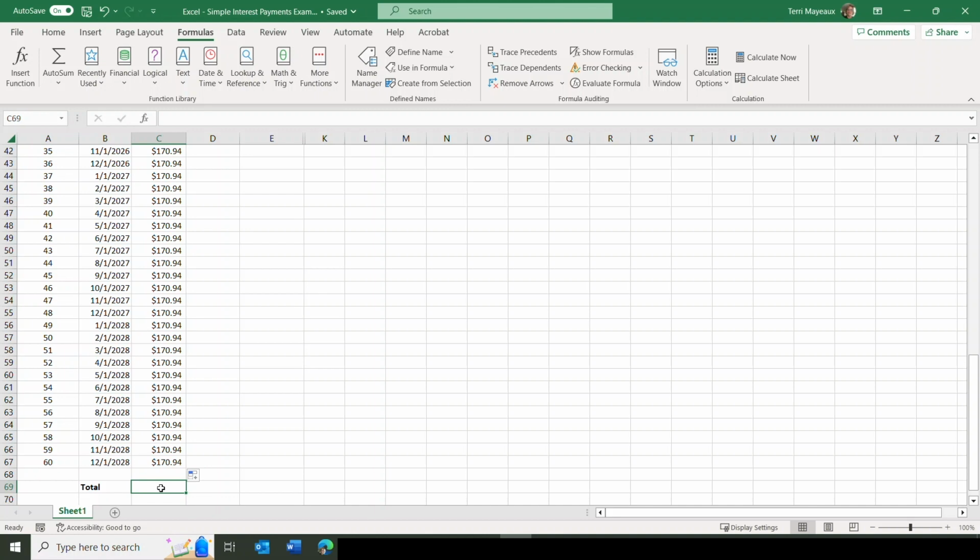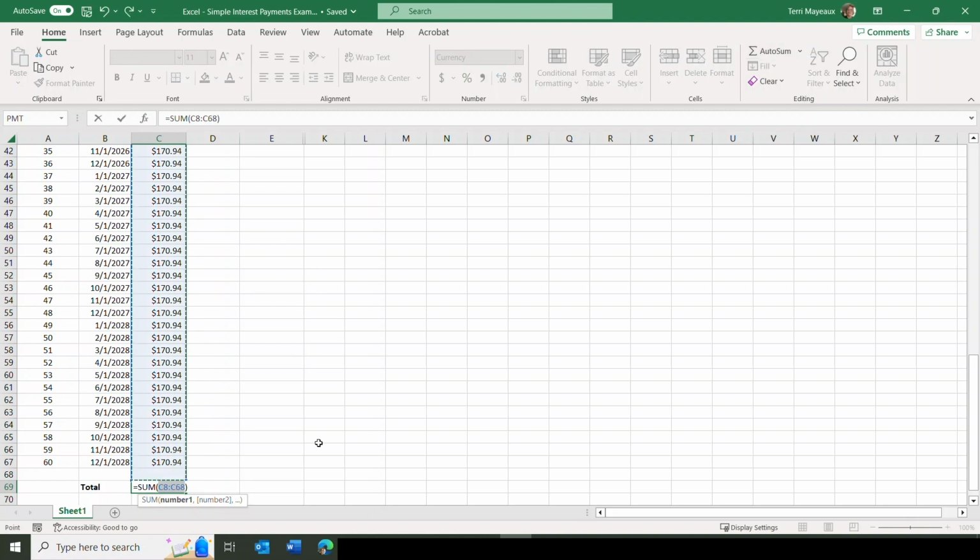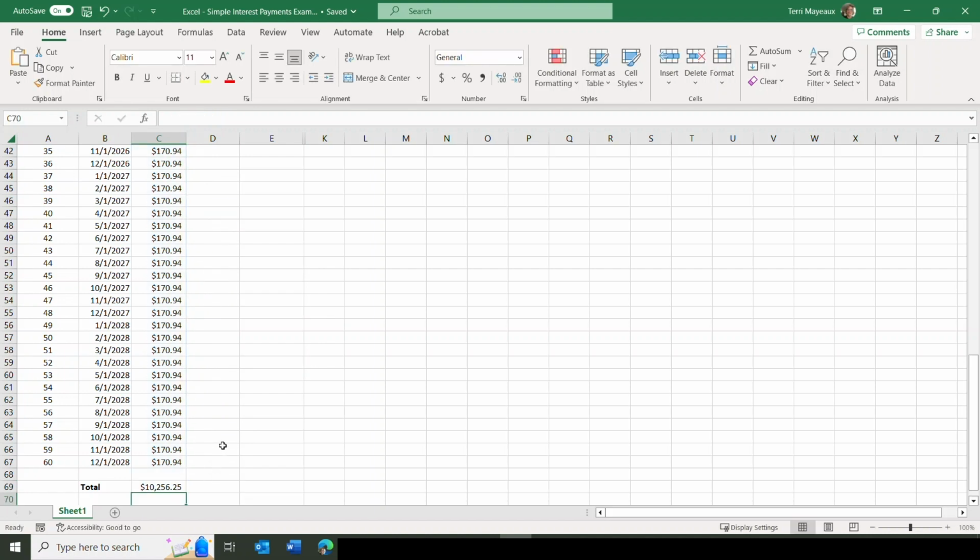So I could type in equals sum, or I can go to the Home tab on my ribbon and then go to the right to the editing group, which is almost at the end of the ribbon here. And in the upper left of that editing group, I could click on Auto Sum. And it says, well, is that C8 through C68? And yes, we're going to say that's close enough. We're going to press enter.